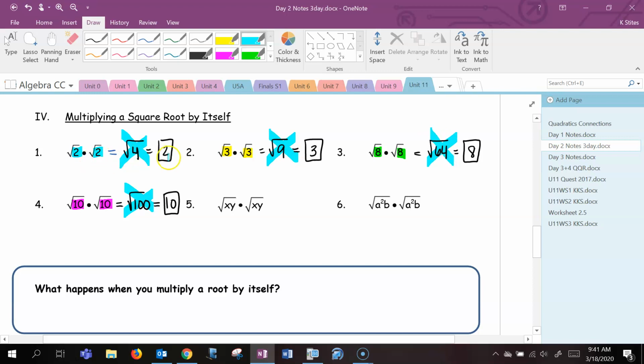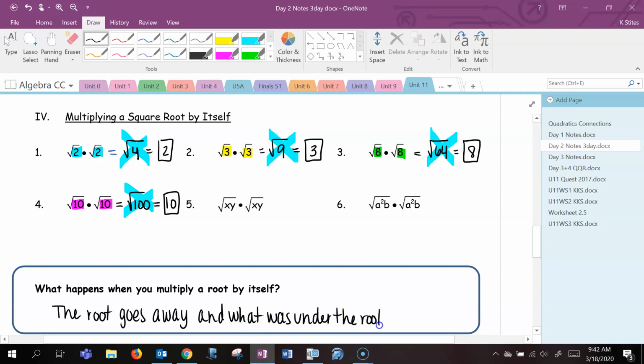Look, 2, 2, 3, 3, 8, 8, 100, 10, 10. That is always going to happen. So when you multiply a root by itself, the root goes away, and what was under the root is your answer.